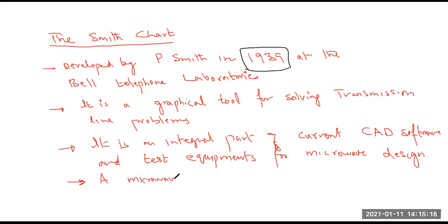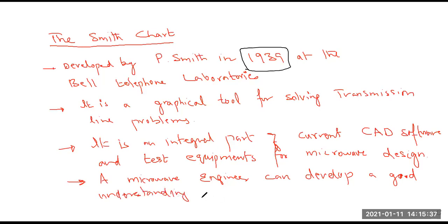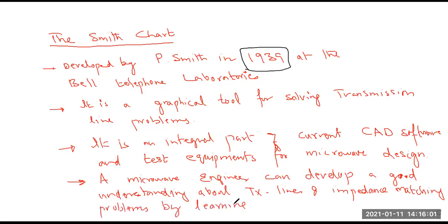A microwave engineer can develop a good understanding about transmission lines and impedance matching problems by learning to think in terms of the Smith chart.